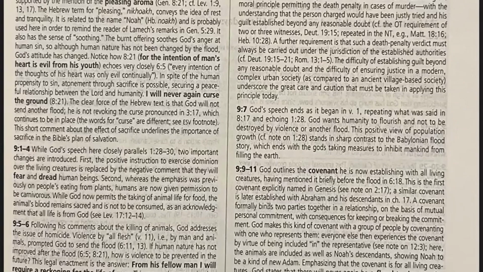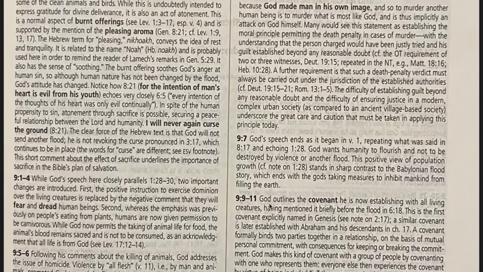Right. Now, beyond that, a lot of these things are very important. What the ESV Study Bible notes, right? That the only way that the death penalty can be used is after the person charged has been justly tried and his guilt established beyond any reasonable doubt. That has to happen, right?